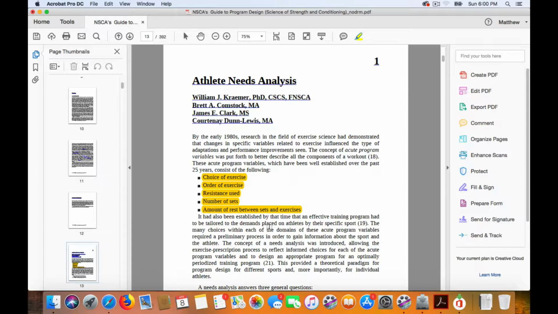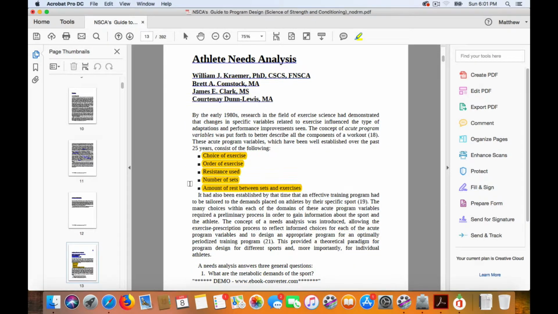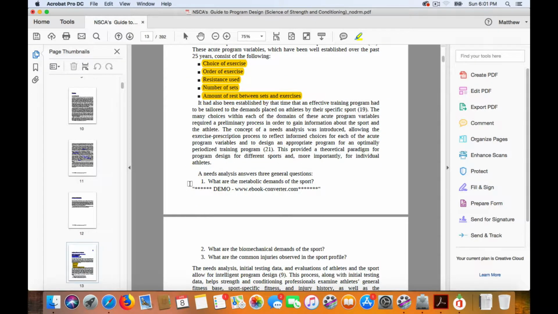The acute variables, the 5 variables of an exercise program, are choice of exercise, order of exercise, resistance used, so that's like the weight or dynamic of the movements, the number of sets, and the rest between sets and exercises. So understanding how to sequence these, how to order the different exercises, in combination with having a good overall understanding of the sport, is really what's going to help the athlete you're working with excel, or multiple athletes if you're working with a full team.